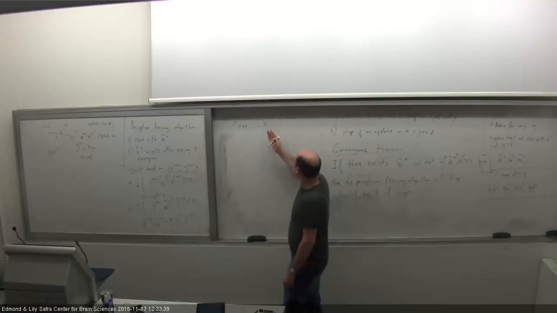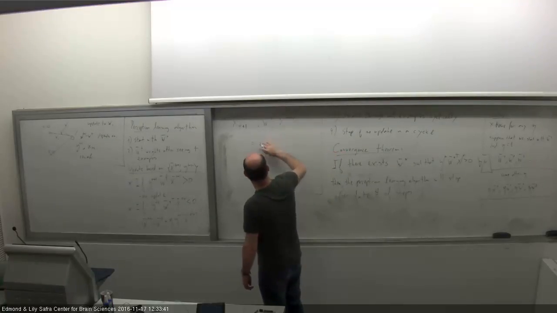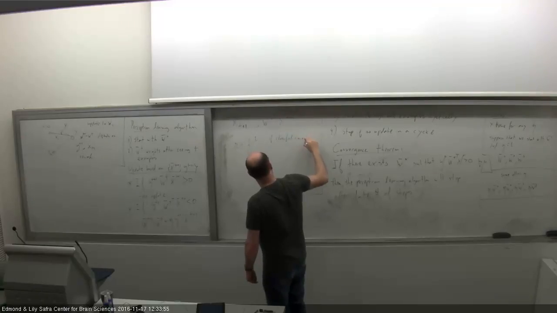But we could write this also using the reward signal. Imagine that we have a reward signal, which is 1 if classified correctly, and minus 1 if incorrectly.